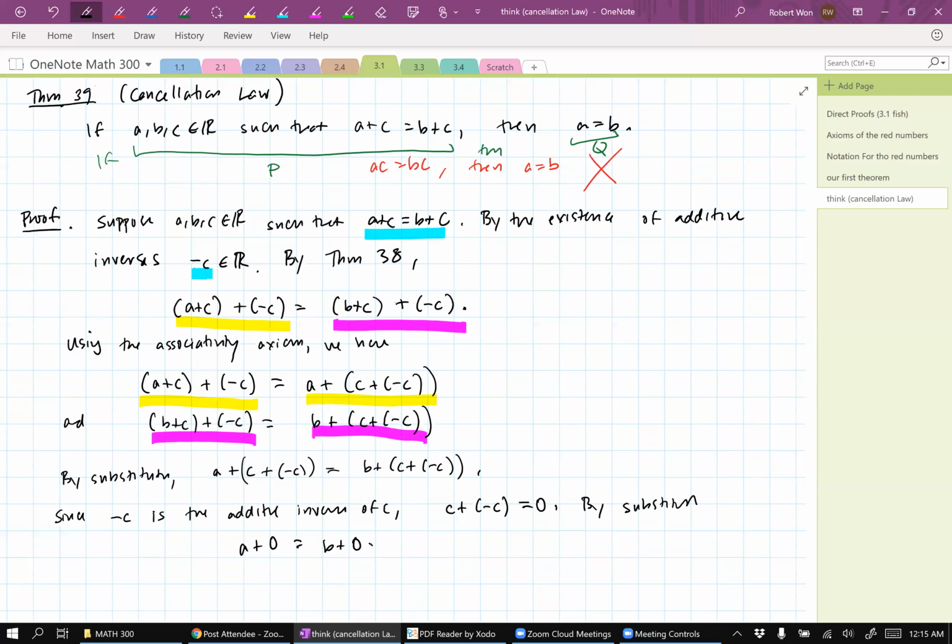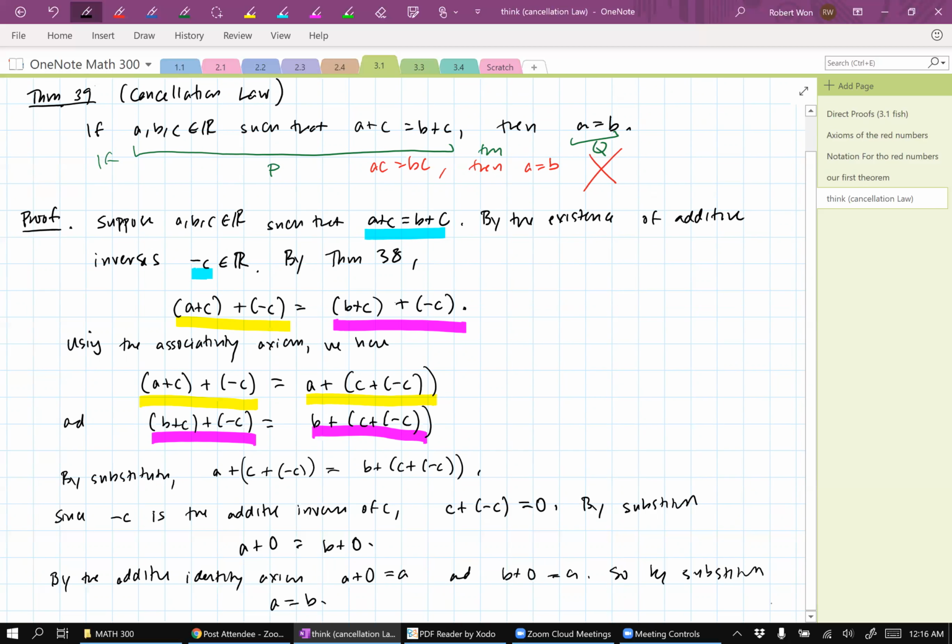B plus 0, that's just B by the additive identity. So by the additive identity axiom, A plus 0 equals A, and B plus 0 equals B. So again, by substitution, A equals B, which is what we wanted to prove.